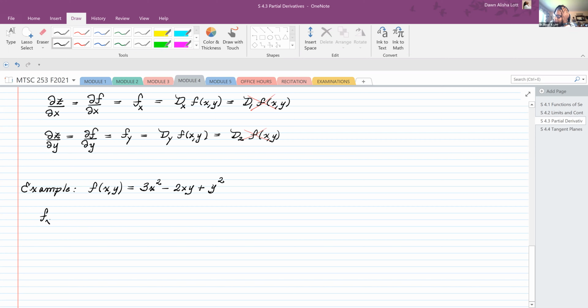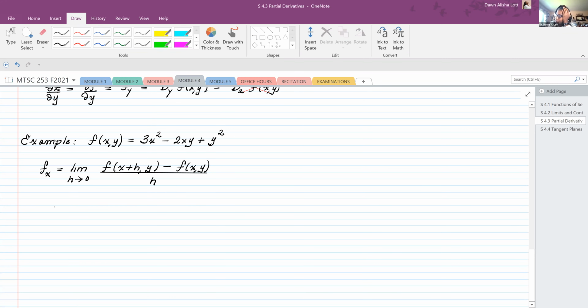f sub x is the limit as h approaches 0 of f of x plus h, carry the y along, subtract off f of x,y, and divide by h. I know what the answer is supposed to be.